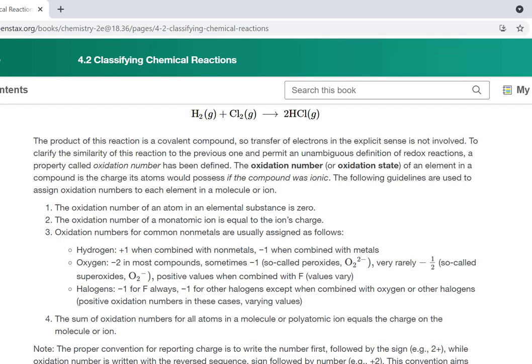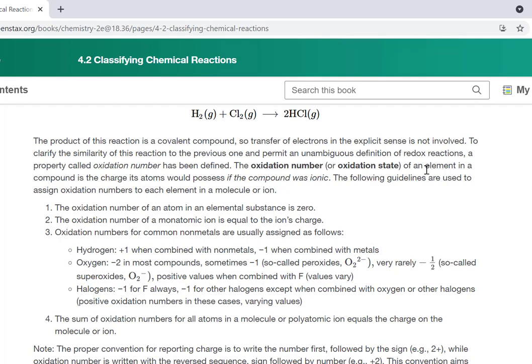However, there are cases where you do not have an ionic charge where the use of oxidation numbers is also important. So we're going to go through a series of guidelines for determining the oxidation state of elements that are participating in a chemical reaction.